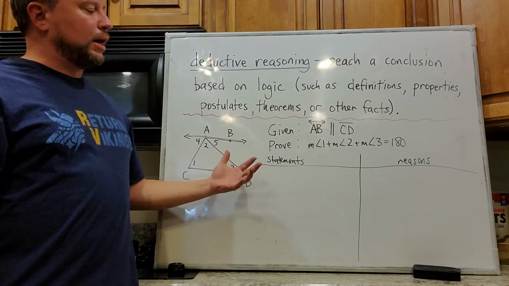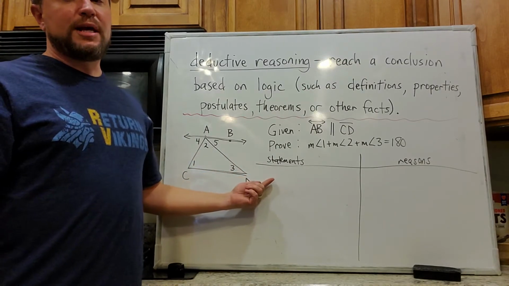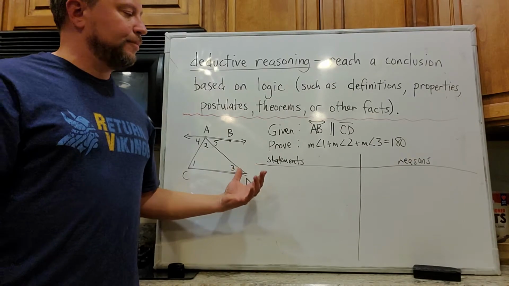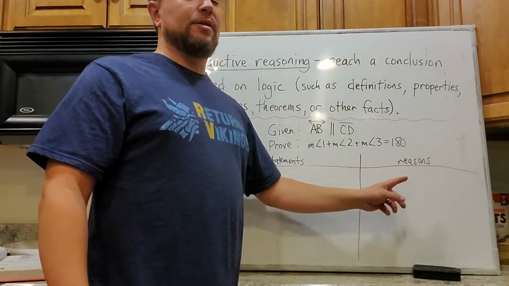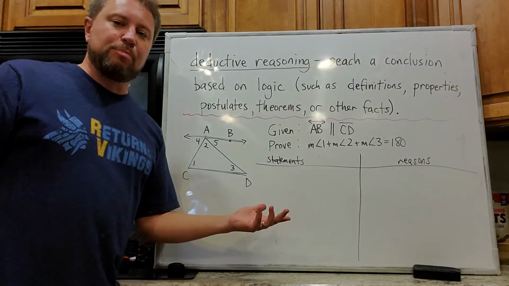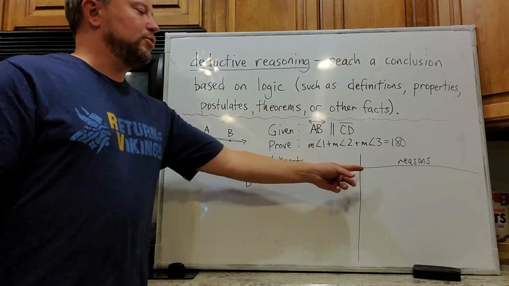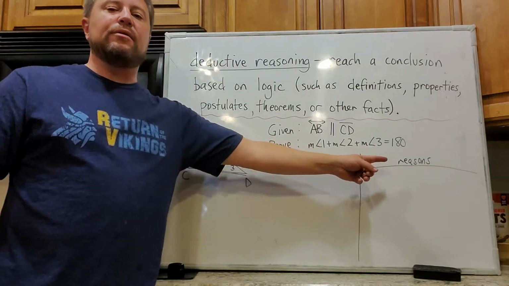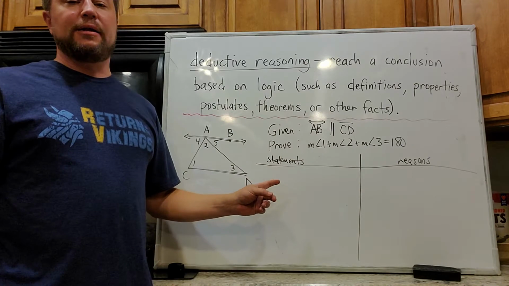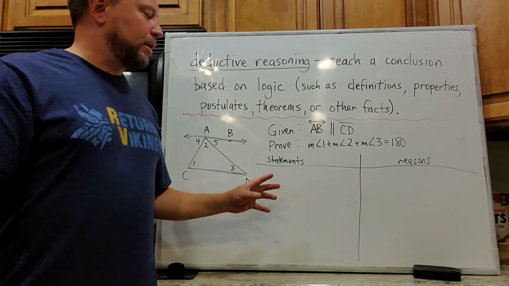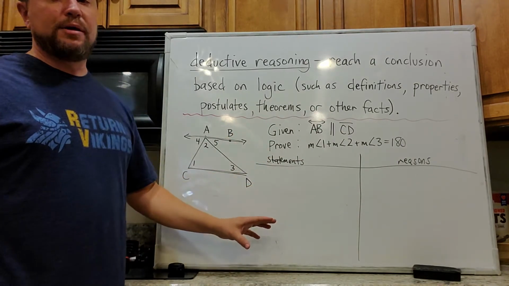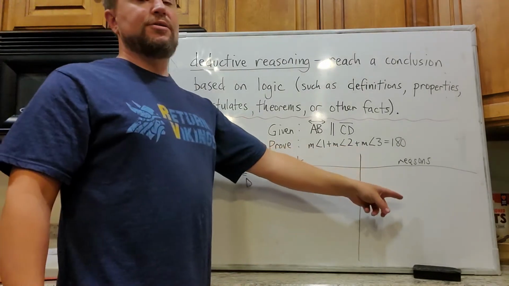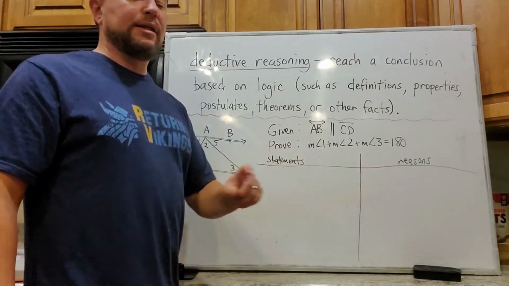In a two-column proof, you put your statements on one side of the board and your reasons on the other side. That's what makes proofs difficult, that you actually have to give a reason for every step you take. Anytime I write a new step here, I'm also going to have to justify why I did that step.